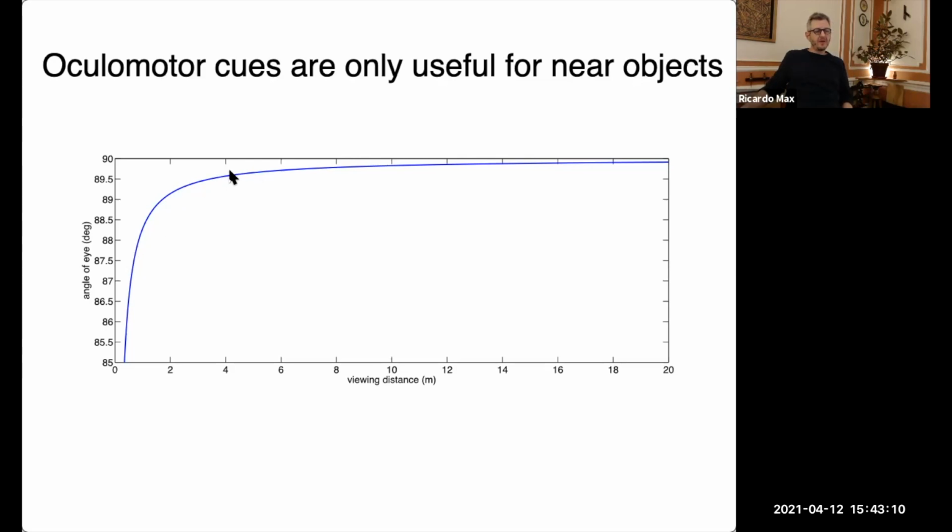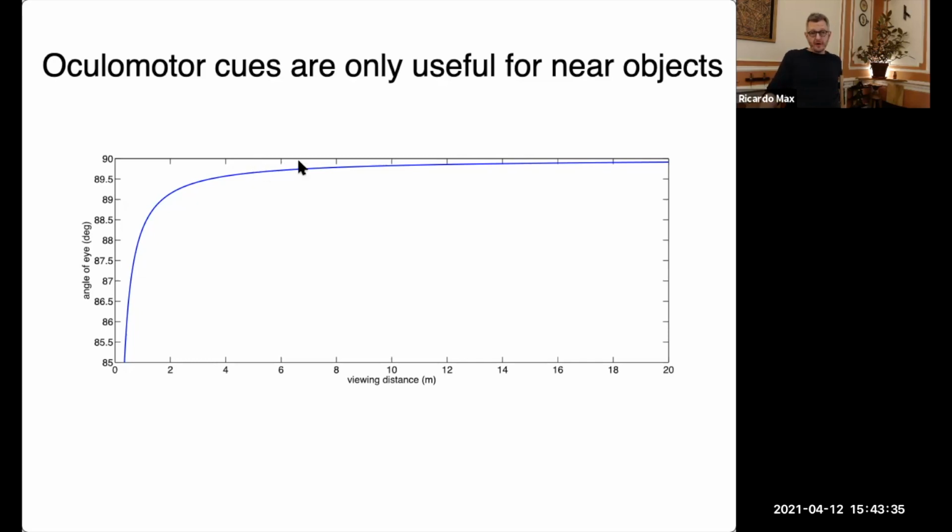But as we can see, after some 5 meters, there is hardly any difference. They become almost parallel, which means that these convergent movements of the eyes are mostly useful for near objects, up to 5 meters, more or less.